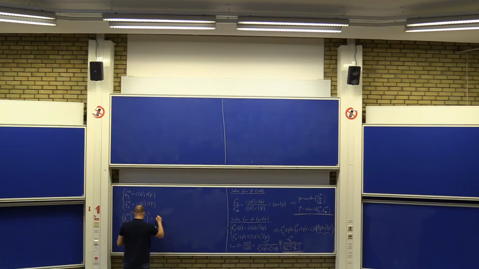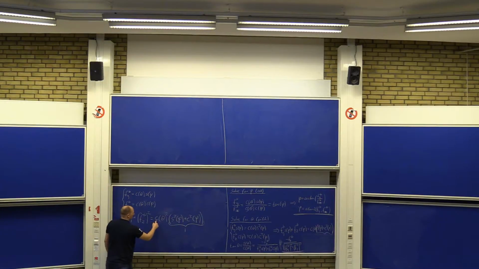Then we can break out cosine theta square, and the rest will be equal to 1 again.